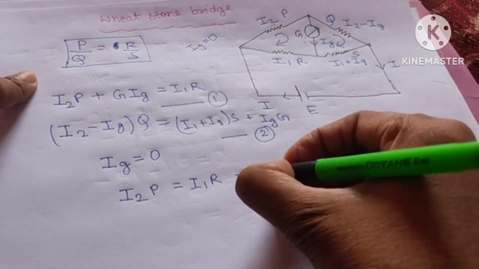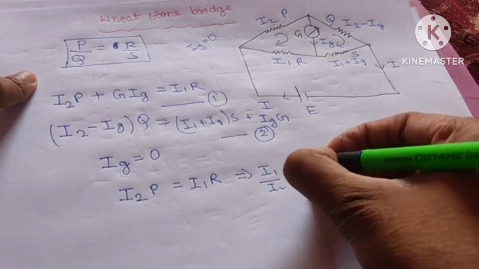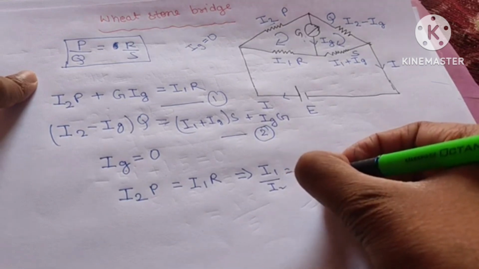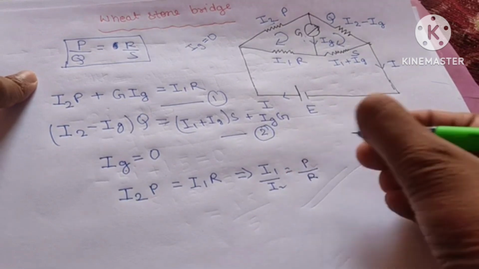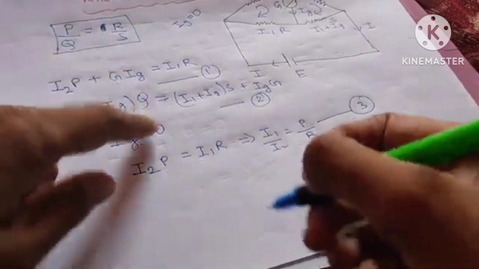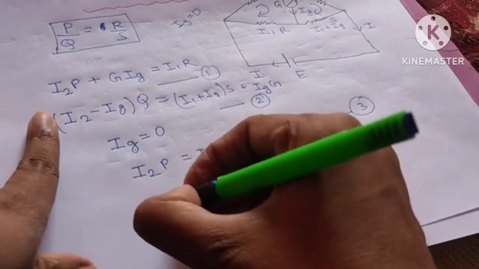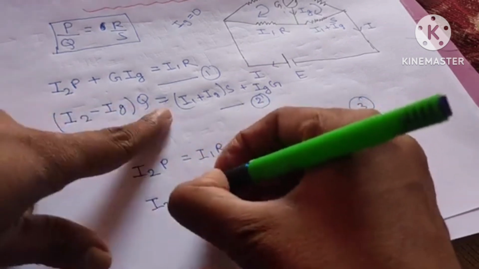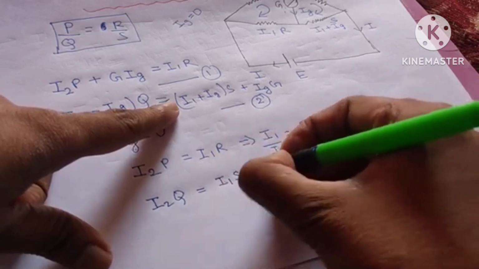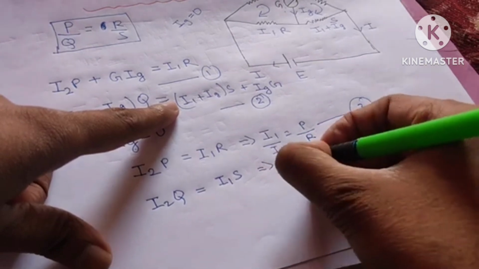Here I1 by I2 equals P by R. Take this as equation 3. Now Ig is 0 in the second equation, so I2Q is equal to I1S. From here, I1 by I2 is equal to Q by S.